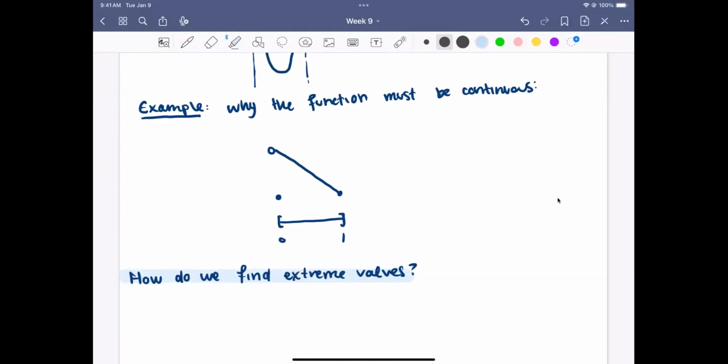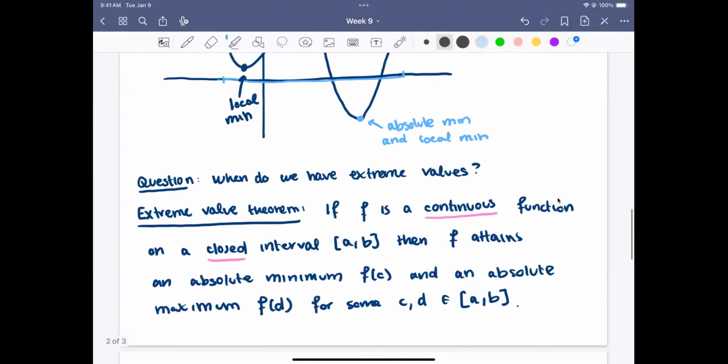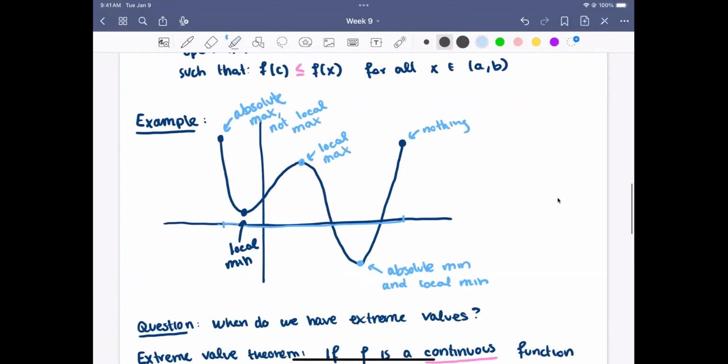Thinking about the picture, now that we know that they exist, what are the candidates for the extreme values? Well, definitely the endpoints could be extreme values, and then the other ones that could be extreme values are also all of the local maxes and mins, right?